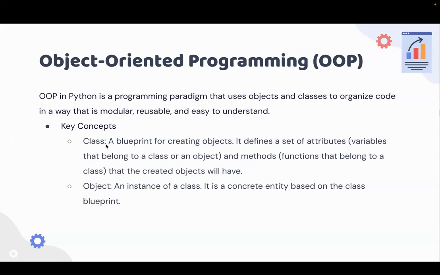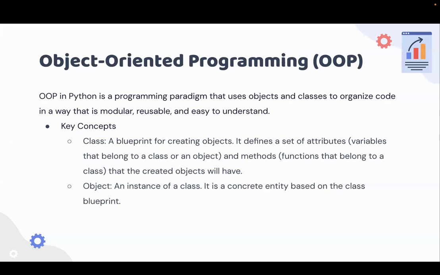So classes are the blueprint for creating objects. A class always defines a set of attributes, which are the variables that belong to a class or an object, and also the methods, which are the functions that belong to a class.